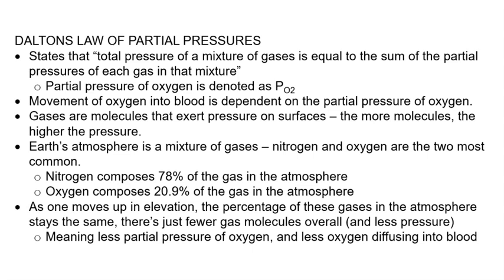There are just fewer gas molecules overall and lower partial pressures of each of those gases. The reason it is significantly more difficult to breathe at higher elevations is that there is less partial pressure of oxygen pushing oxygen into the bloodstream, and as a result, less oxygen overall is diffusing into the blood to bind to the hemoglobin.